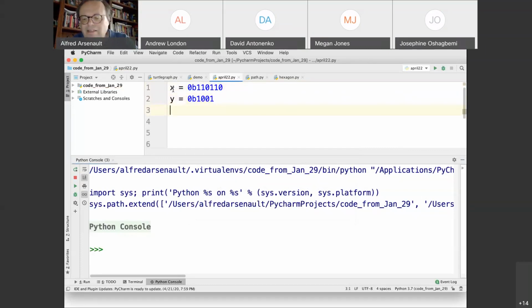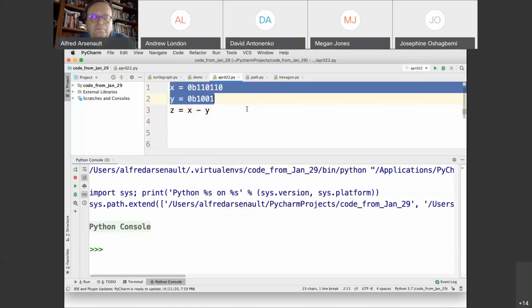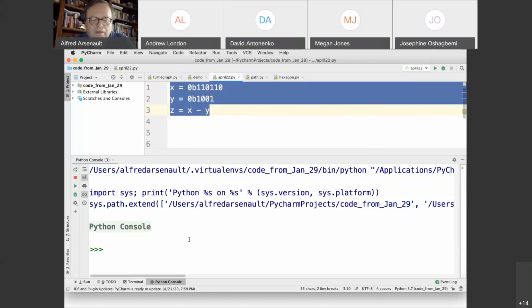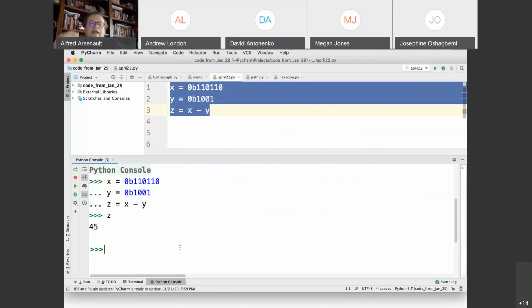And z is equal to x minus y. So if I wanted Python to do that math for me, and interestingly enough, z converts to decimal 45.